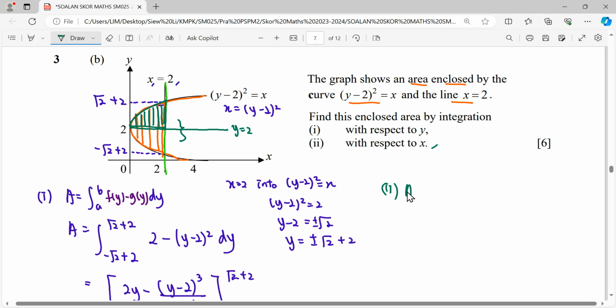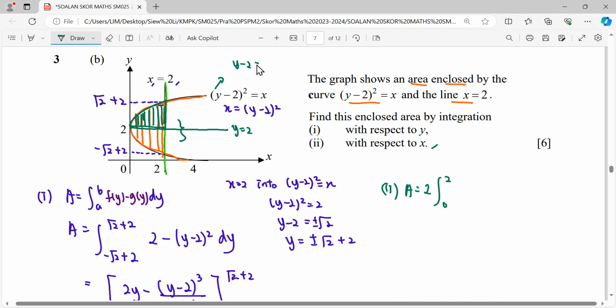So to find this area, it will be 2 times the region. The region here will be integrated from the lower limit, which is 0, up to the upper limit, which is 2. When we calculate this region, you can notice it is the two-curve concept. Firstly there is the parabola, then down here is the constant graph y = 2. To integrate with respect to x, we need to rearrange the function with y as the subject.